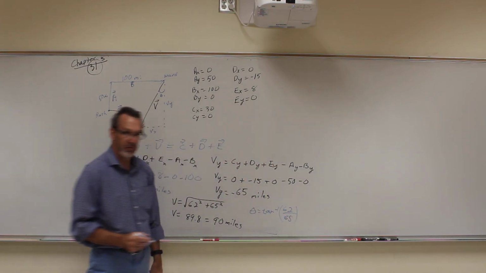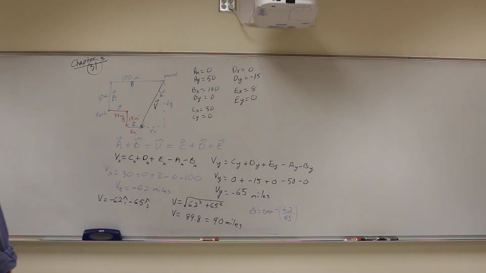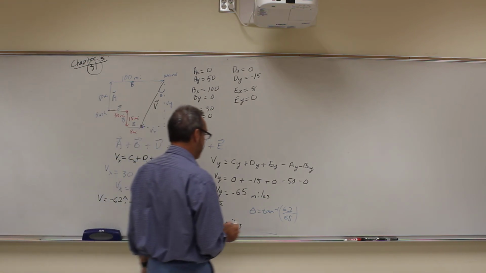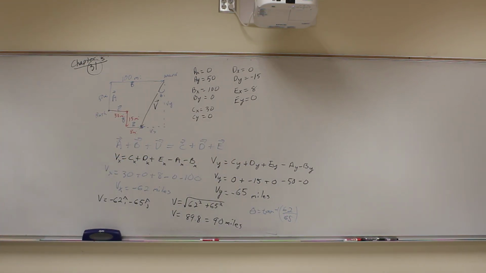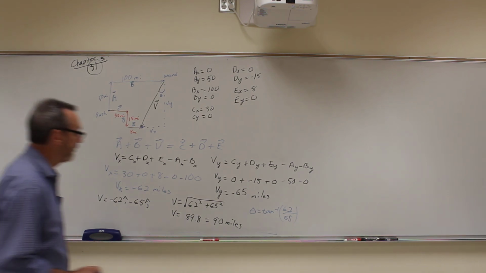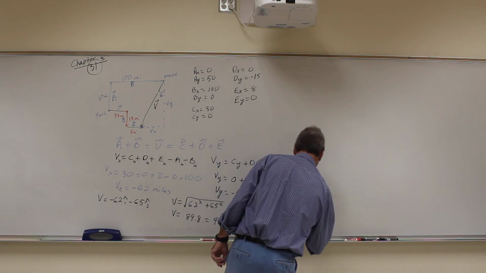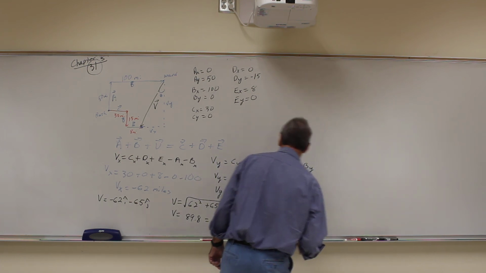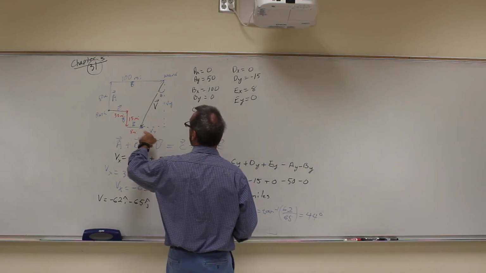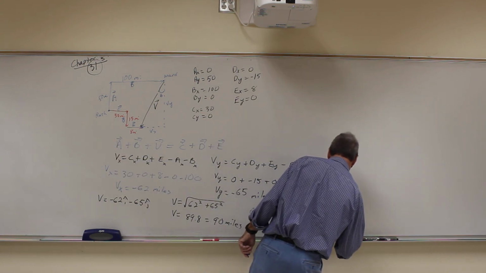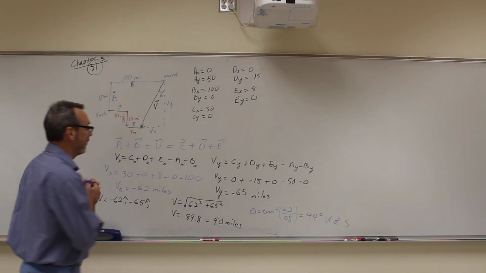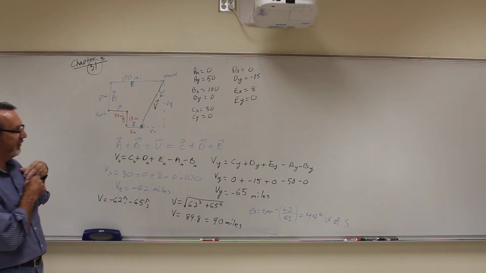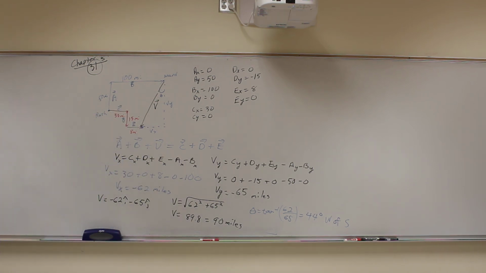When I get a direction angle there, I'm going to get 44 degrees. And that's going to be 44 degrees west of south. Or you could have flipped it the other way and said it was 46 degrees south of west.